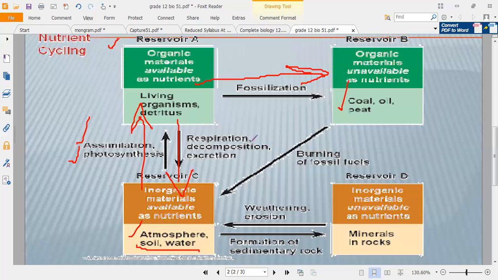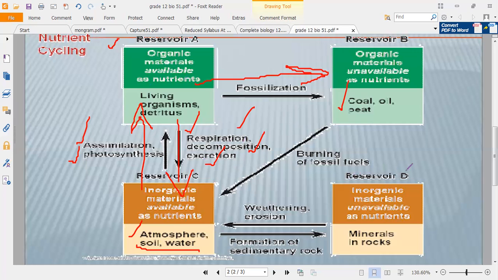When these inorganic compounds are changed into organic materials, they move back into the inorganic reservoir via respiration, decomposition as well as excretion, in a very rapid way.